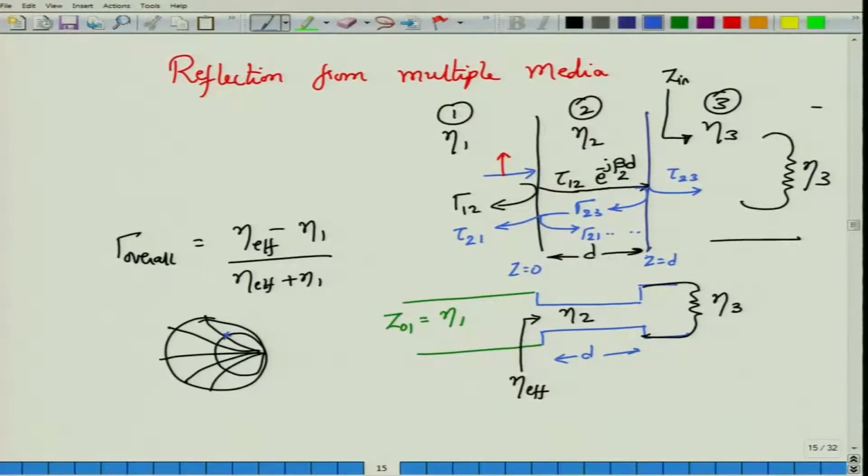You know the length d, and of course you should know the wavelength of operation, which should be specified as part of the problem. So, on the SWR circle you move an appropriate distance, land at a new point, so this is the distance d that you have moved, and the new coordinates at this point marked in red will tell you the effective impedance. Once you have found that, you can find the overall reflection coefficient.